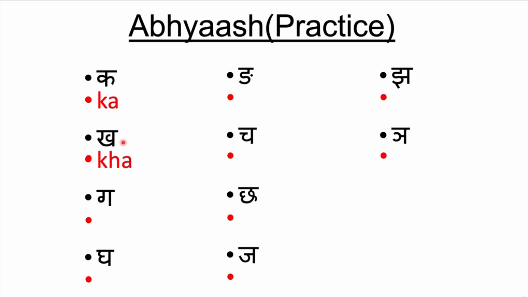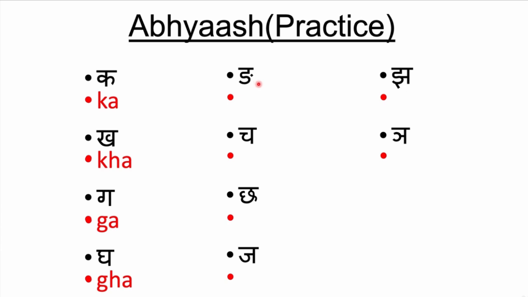Now let's move on to the next one. It is ga. What is this? It's ka. I think everybody will get this one correct.